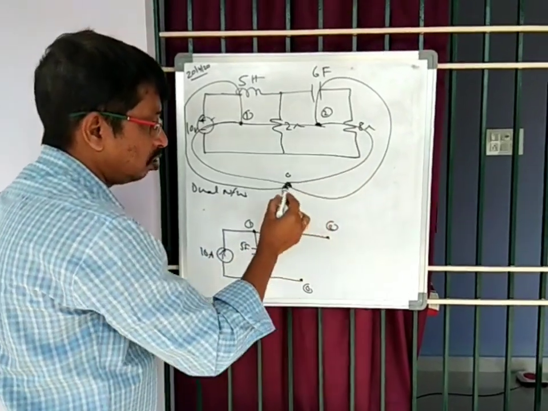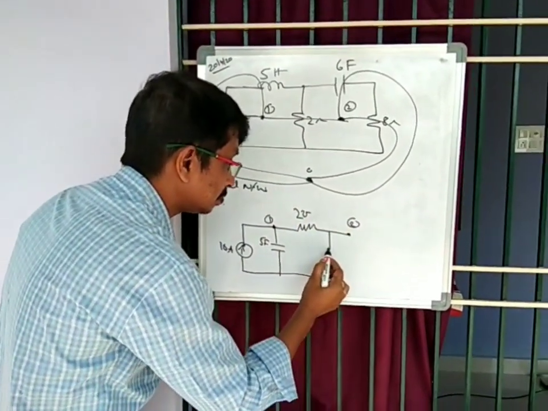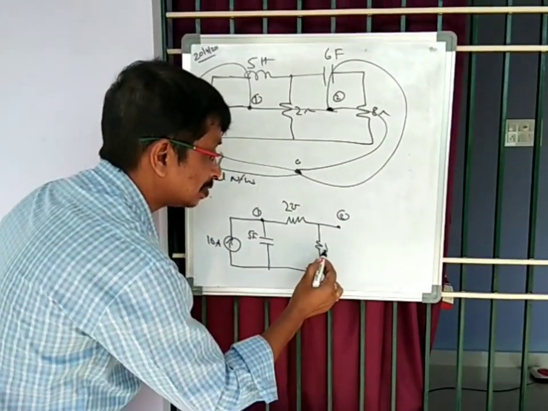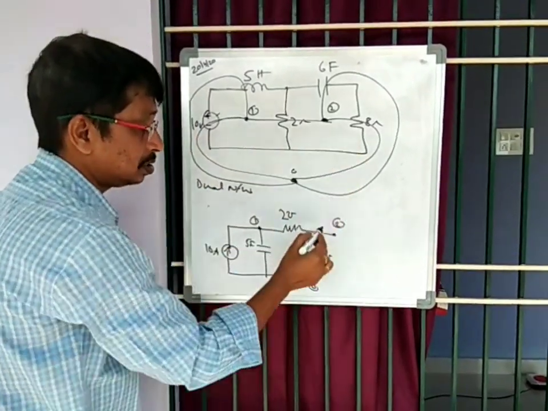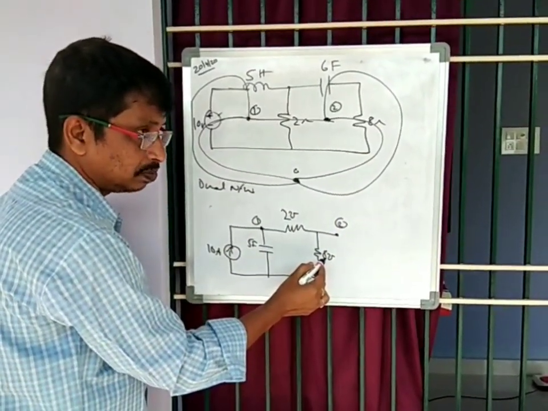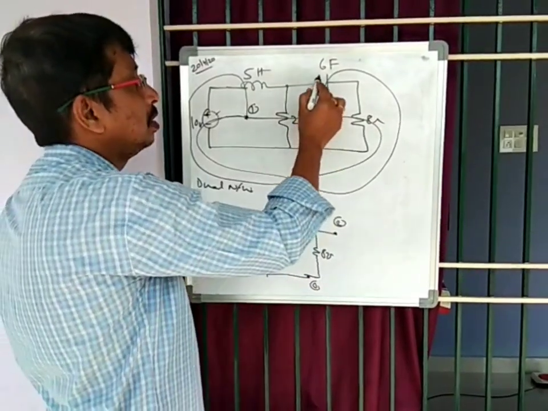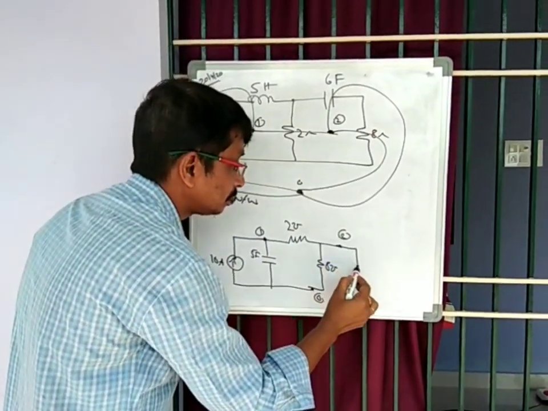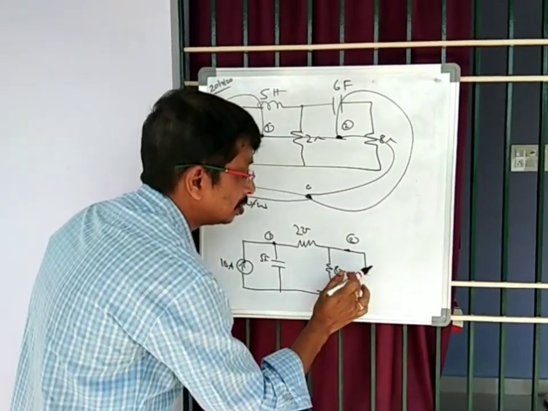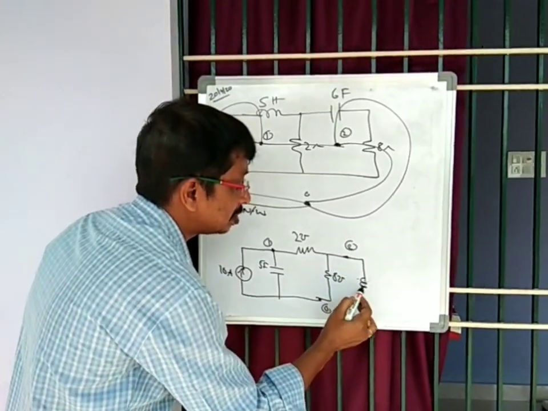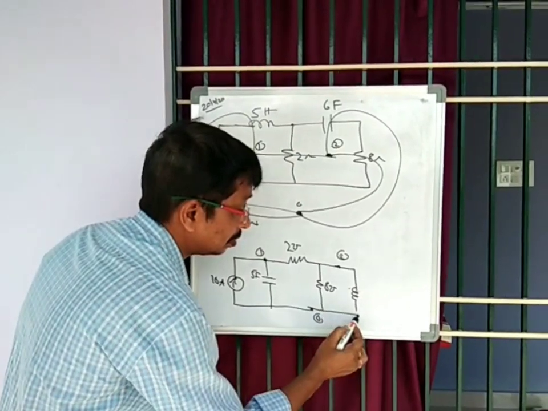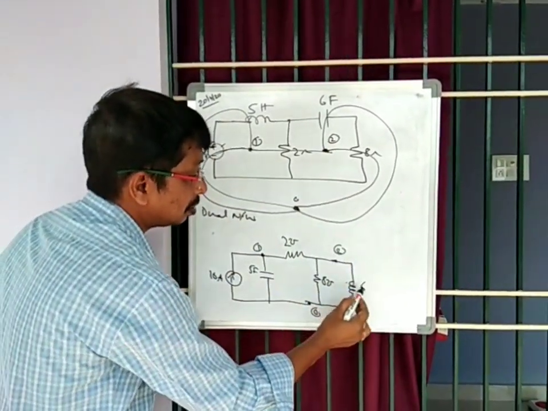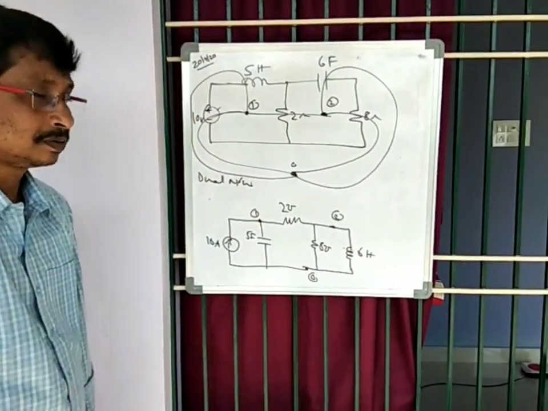Next there are two elements between 2 and 0. One is the 8 ohm resistor, that will become 8 mhos conductance, and the 6 Farad capacitance between 2 and 0 will become a 6 Henry inductance.